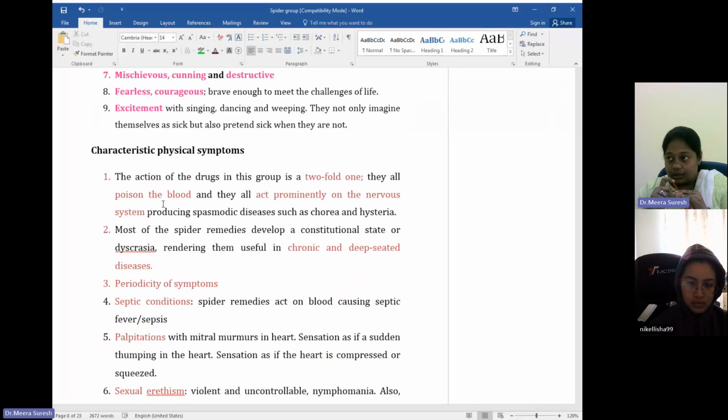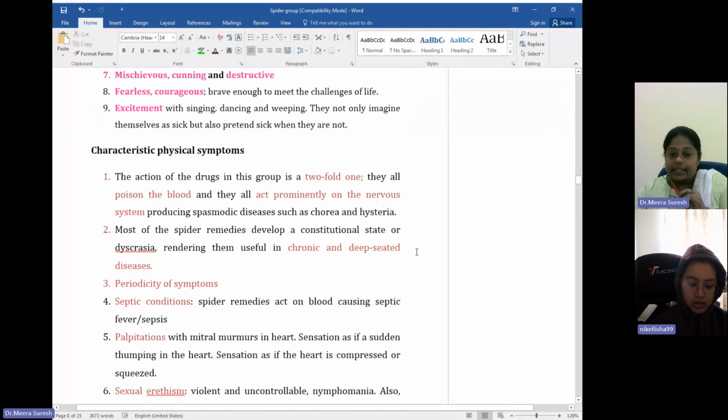This is a very good remedy. Then they also act prominently on the nervous system. So it is mainly the blood, the CVS and the CNS, they are acting. So that produces the spasmodic diseases like chorea and hysteria. If it is acting in the nervous system and in the blood, it produces the symptoms of carbuncle, furuncle, and all the boils, abscess, etc.